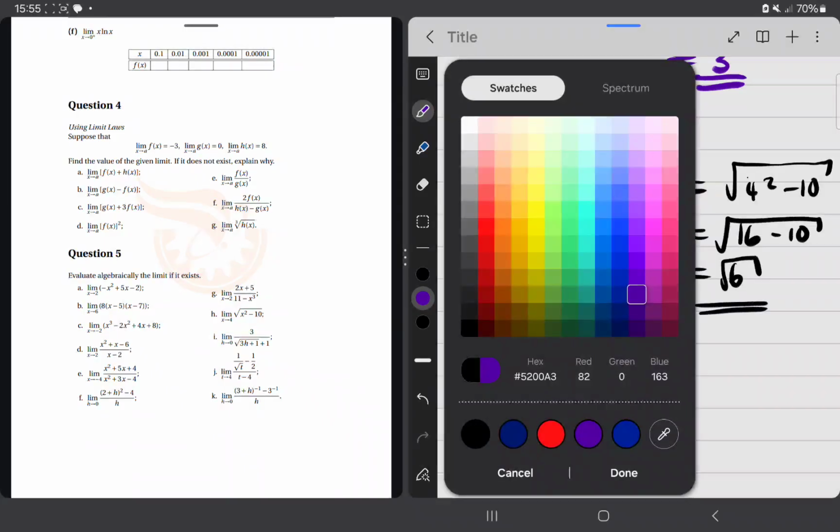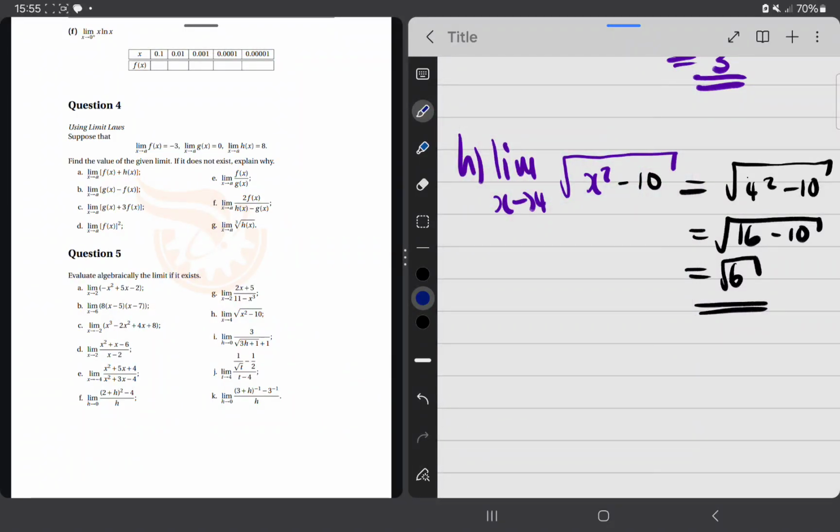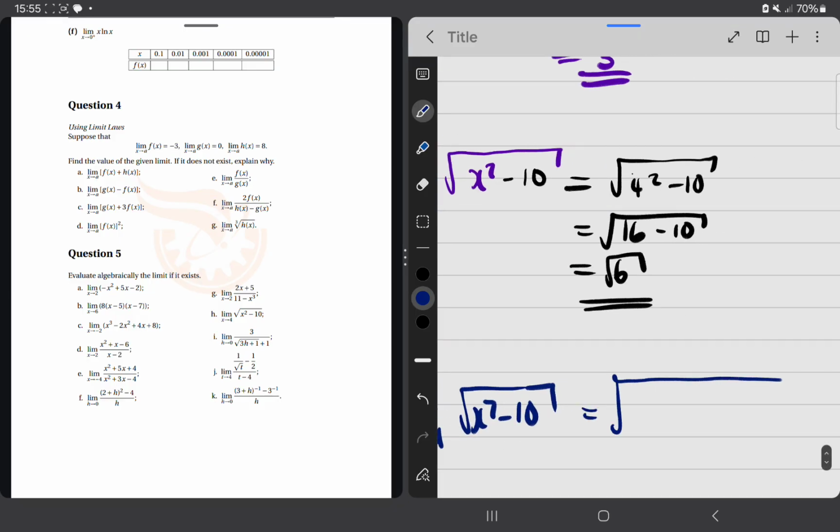We're saying H, the limit as x approaches 4 of the square root of x squared minus 10. This is going to be equal to the square root of the limit as x approaches 4 of x squared minus 10, right?